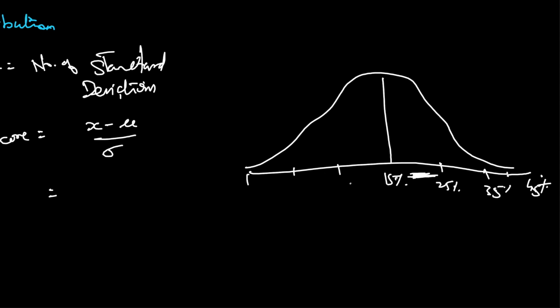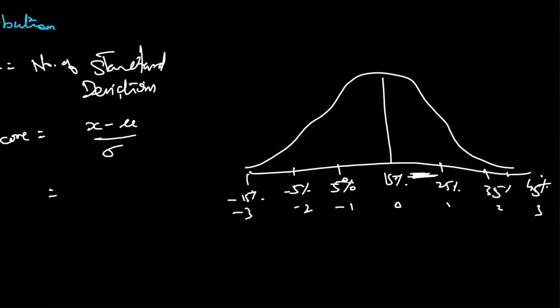Similarly here also, -10 if I do, it will be 5%, then -5%, then -15%. So if I standardize it, it will be 0, 1, 2, 3, and -1, -2, and -3.